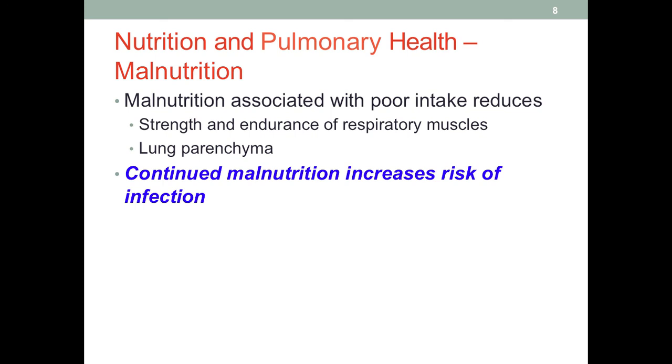So also remember, in the lungs there are immune cells as well, so long-term malnutrition could decrease the ability for the lungs to fend off unwanted invasions. Therefore, continued malnutrition increases risk of infection.